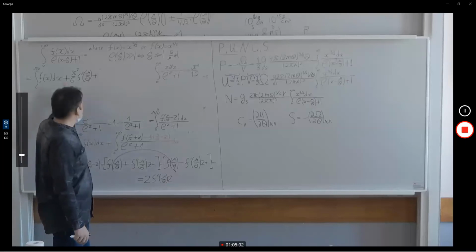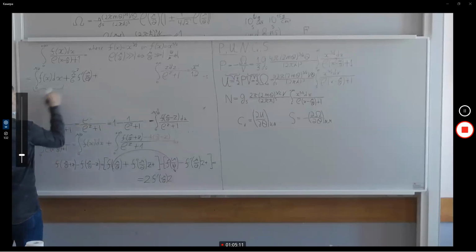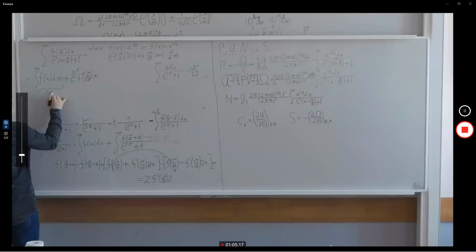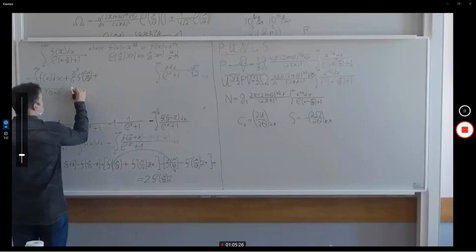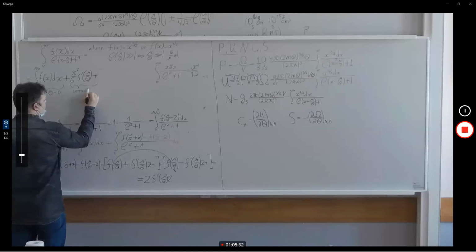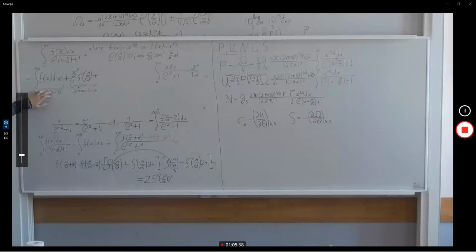Now we can give an interpretation to the structure of the obtained expression. Here we have the value of the physical observable at theta equals 0. Please note that this integral does not depend on theta. And this is the first order correction to the zero temperature value of this integral.